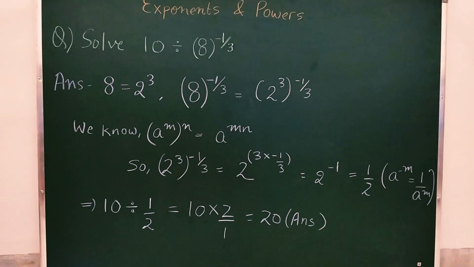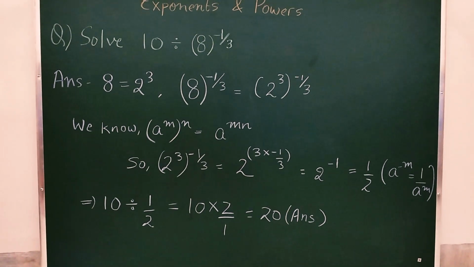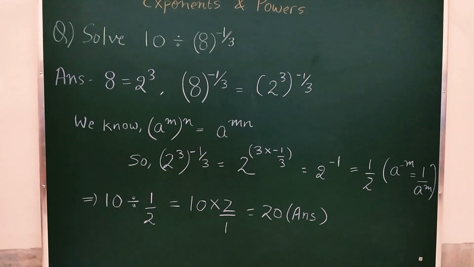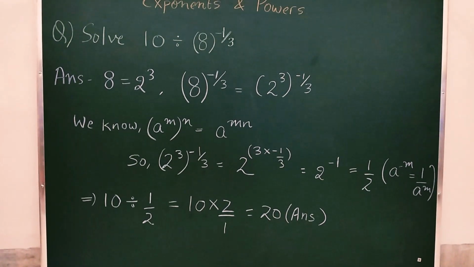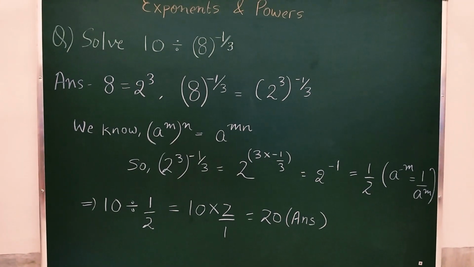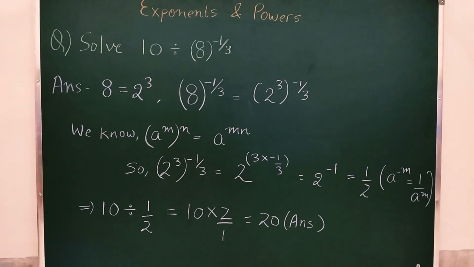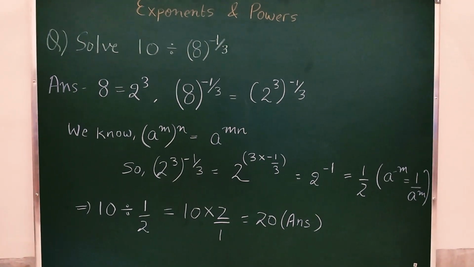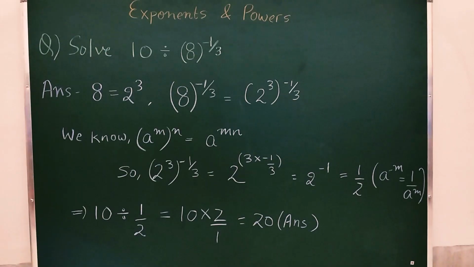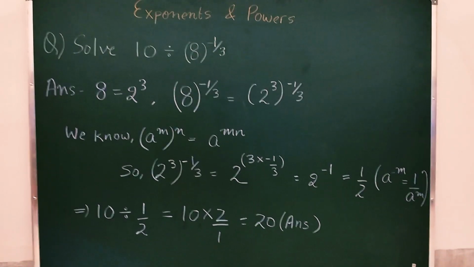So our question becomes 10 divided by 1 by 2. How to solve this? The second term is reciprocated and the division sign is converted into the multiplication simultaneously. So we get 10 into 2 by 1, which is 20 by 1 or 20, and hence our answer is 20. I hope this question was clear to you all.